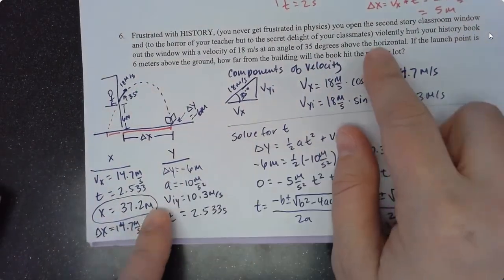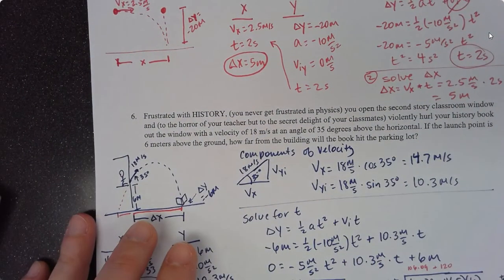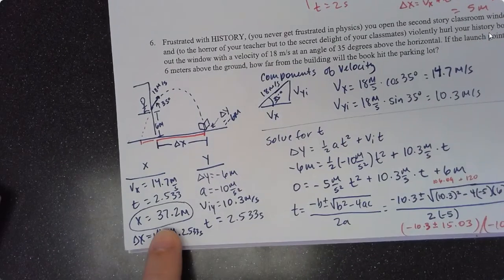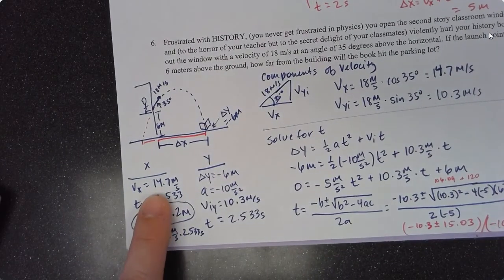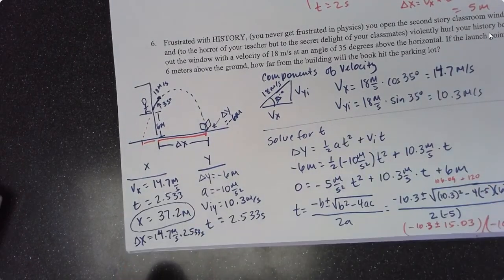Yeah, I just rounded time to 2.5. Honestly, I probably kept more sig figs here than I actually need. Because all these numbers just have 2 in them, so I could have written 37. I could have written 15. 15 feels weird though because that's really close to your initial.